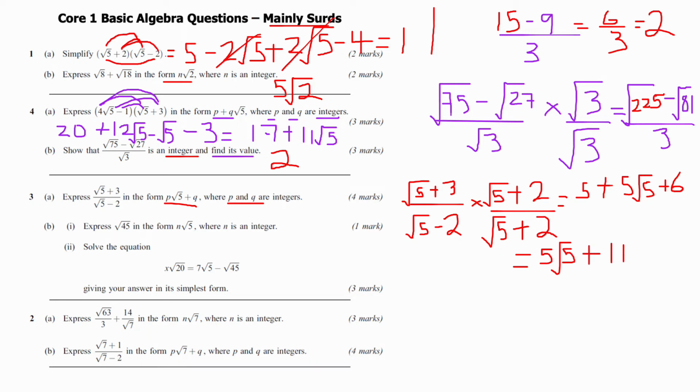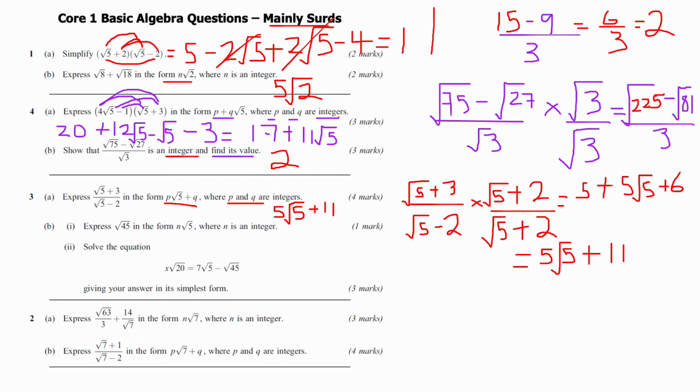I apologize if I jump a step here, but it's just expanding a double bracket with surds and collecting your like terms. On the bottom, I have the difference of 2 squares, so the middle terms will cancel, so I'm left with just root 5 times root 5 is root 25, which simplifies to 5, and then minus 2 times 2 is going to be 4.